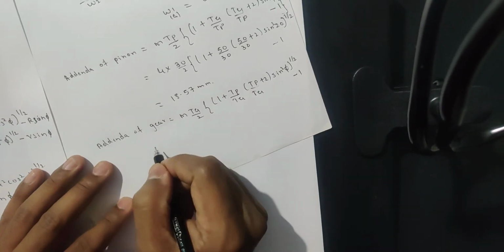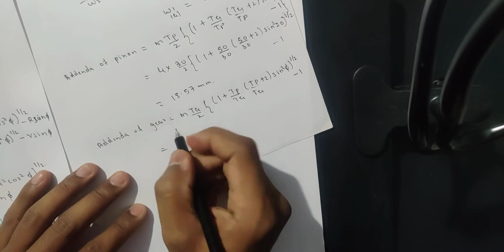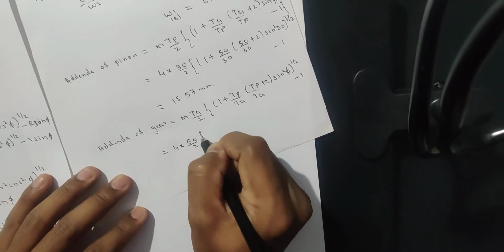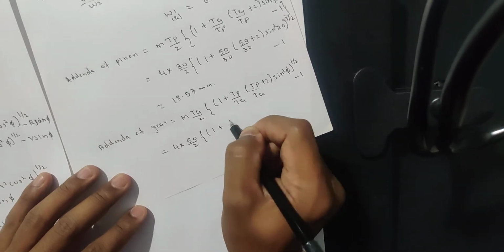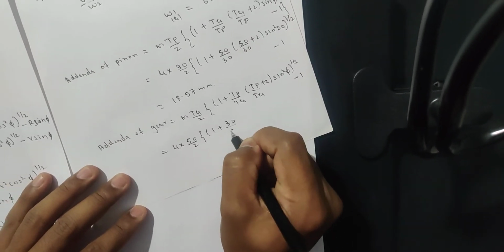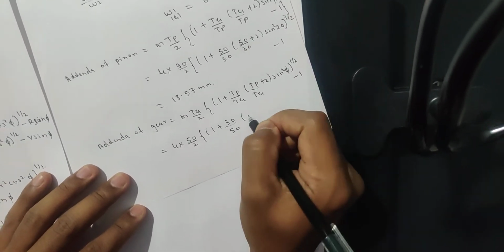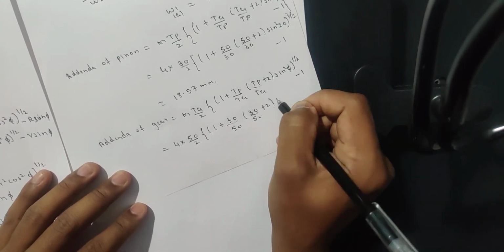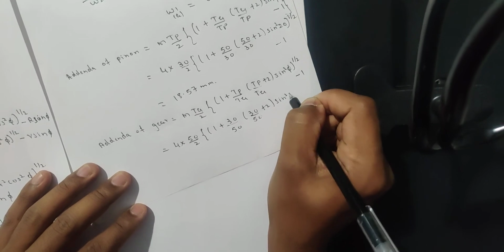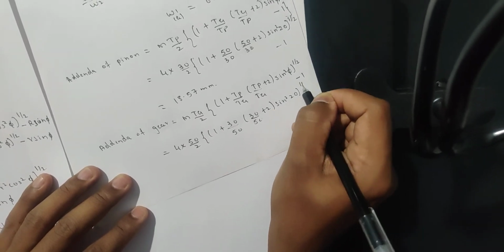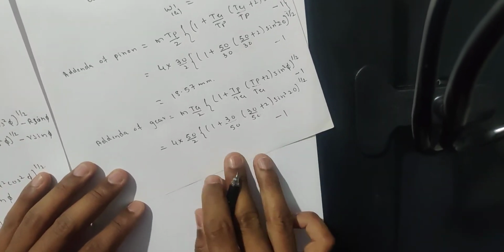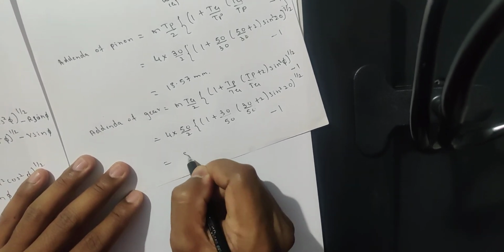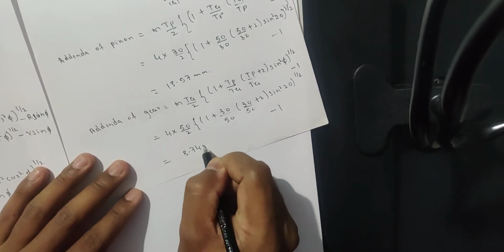If you substitute this, you get 4 into 50 divided by 2 into 1 plus 30 divided by 50 into 30 divided by 50 plus 2 sine square 20 raised to 1 by 2 minus 1. You will be getting the solution as 8.74 mm.